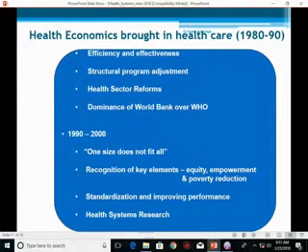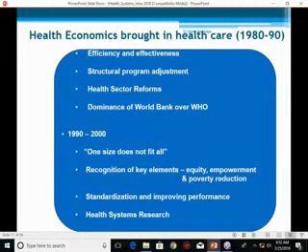Then health economics became more important in the 1980s because the costs were going up, and the needs were going up, and people were demanding, and therefore they needed to look at efficiency with the limited resources. How can they deliver better services and also get better results?